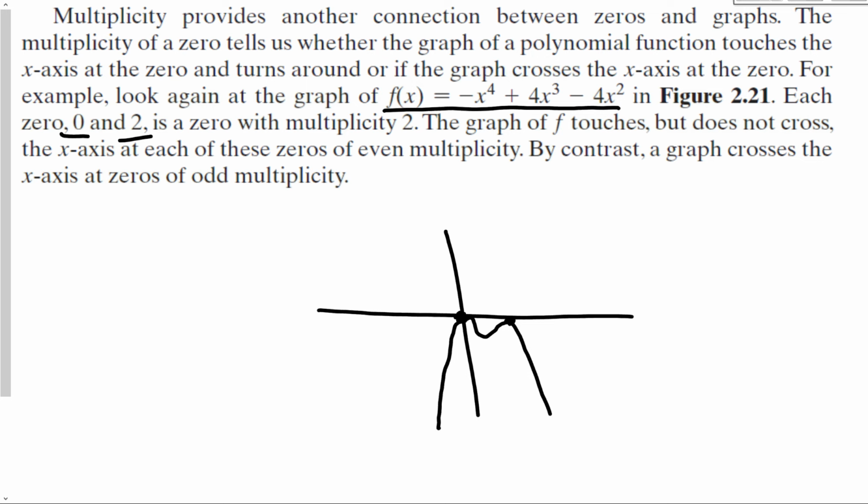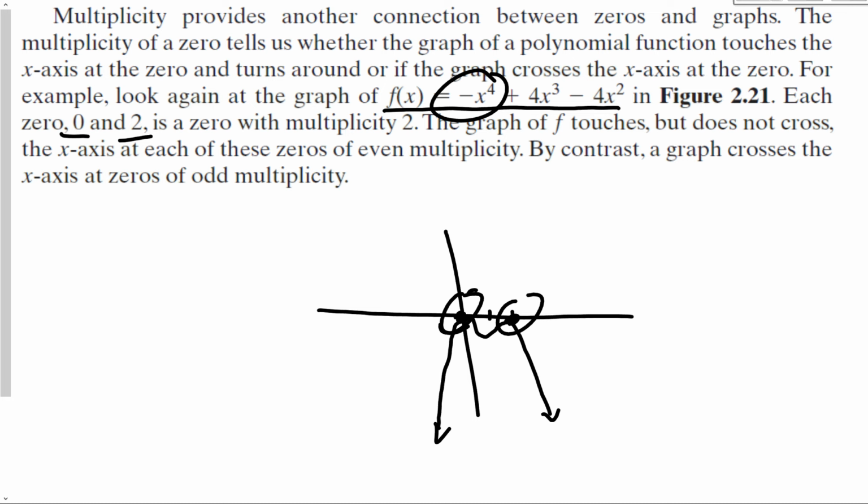The graph touches the x-axis at 0 and at 2 and turns around. It doesn't cross. I also know from before, from the leading coefficient test, that both ends should be going down, which means that the graph falls to the left and falls to the right. So based on what I know so far, I now have another way to look at these graphs by finding what's happening at the zeros, whether it's touching the x-axis and turning around or crossing through. If it's an even multiplicity, the graph touches but does not cross the x-axis at the zeros.